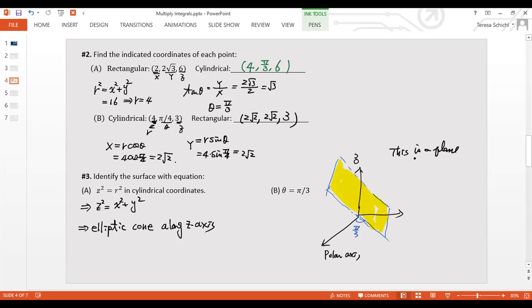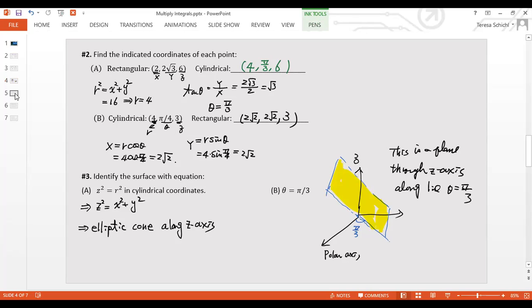This is the plane that goes through the z-axis, along the line theta equal to pi over 3. So you can see that it is a plane. Okay, so now let's take a look.